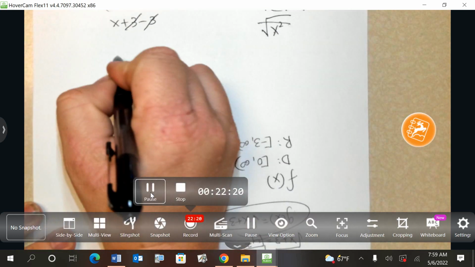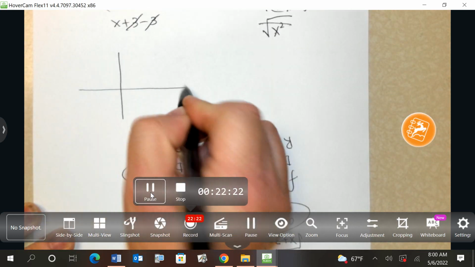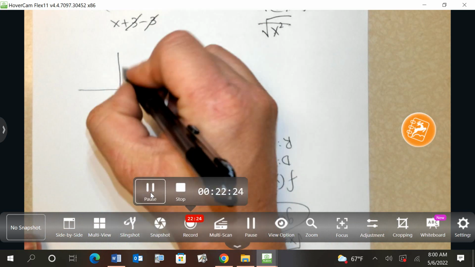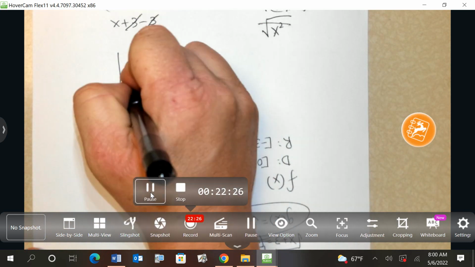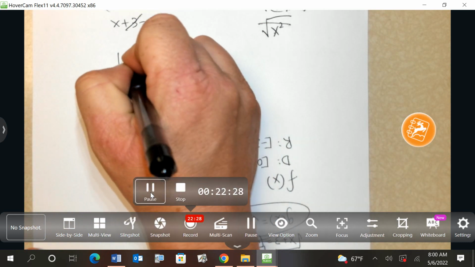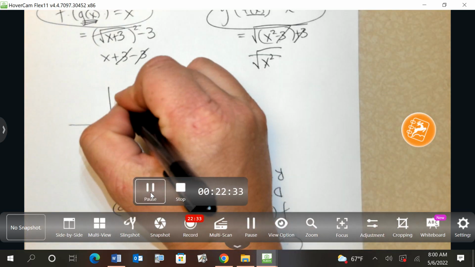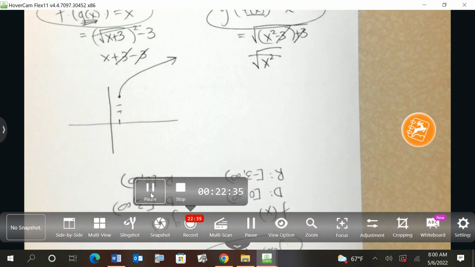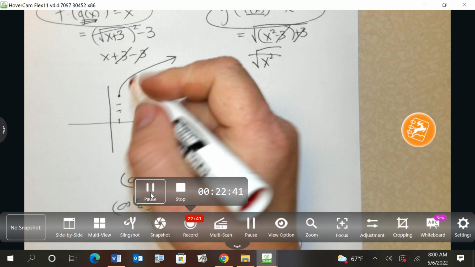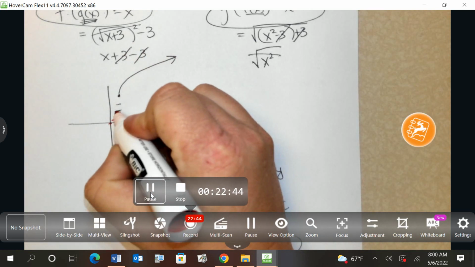If I just had a graph here, and let's say this is the graph, so I'm going to go 1, 2, 3, there we go. If I have this and I'm told, without doing any math, to sketch a graph of the inverse, the first thing I would do is graph the line y equals x.